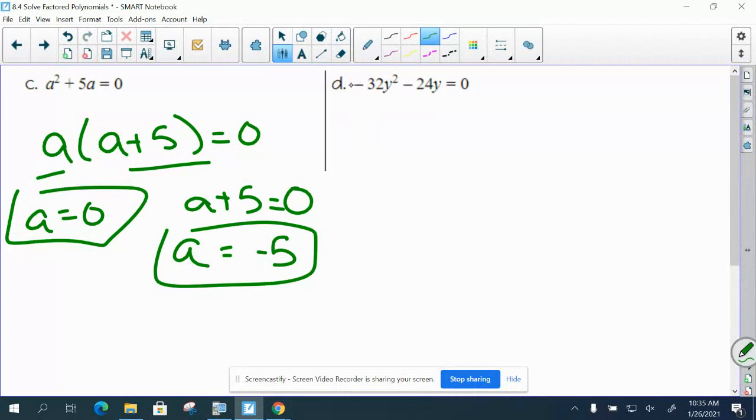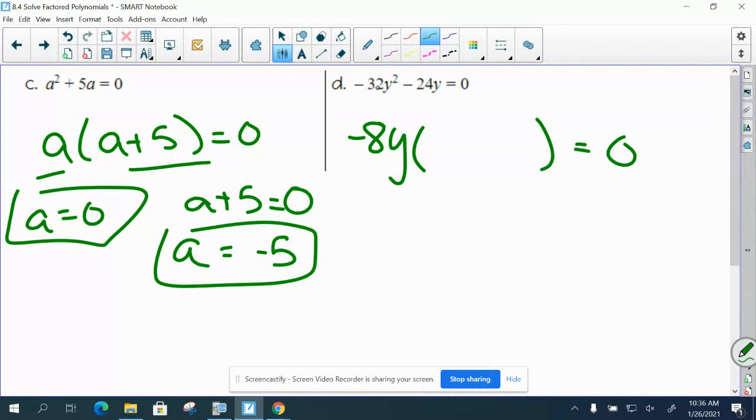And then one more here, negative 32y to the second minus 24y. Here I would pull out the negative sign. So negative, and then the greatest common factor they have is an 8, so negative 8. And then they also both have a y, so I'm going to pull out a y with it. Now when I pull out the negative sign, that means that these two negatives are going to turn into plus in the parentheses.